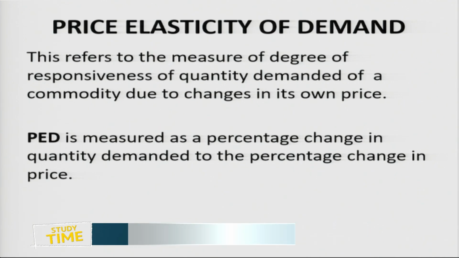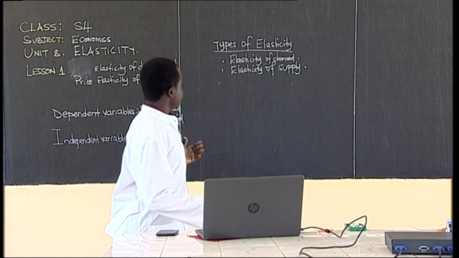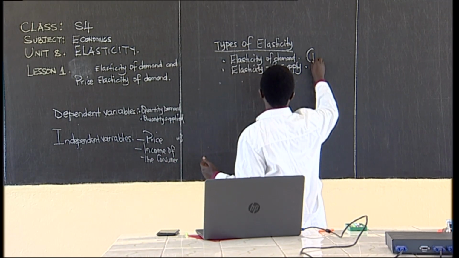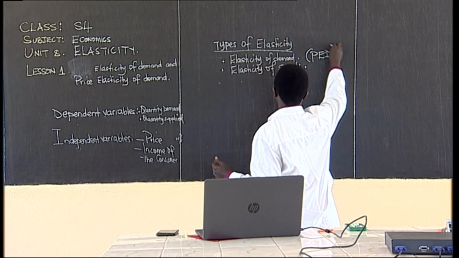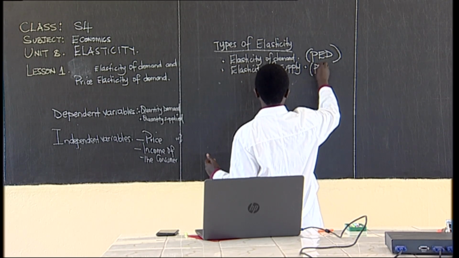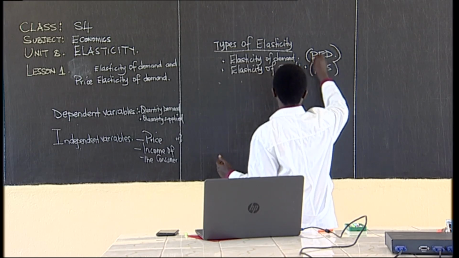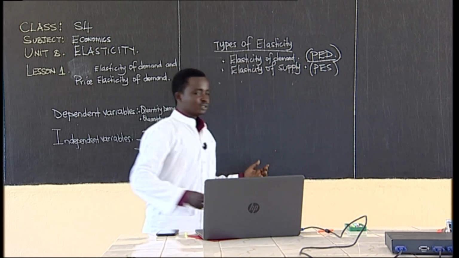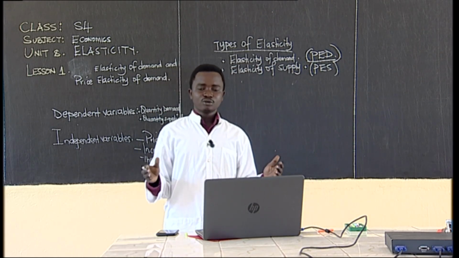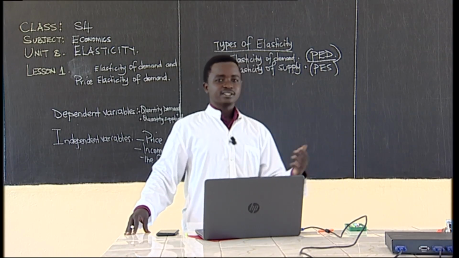So how do we now calculate price elasticity of demand? We normally abbreviate it as PED, price elasticity of demand, while this one is price elasticity of supply. We need to know the formula for how we calculate price elasticity of demand.